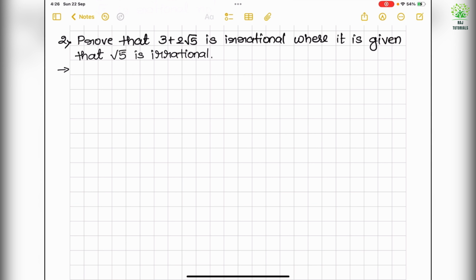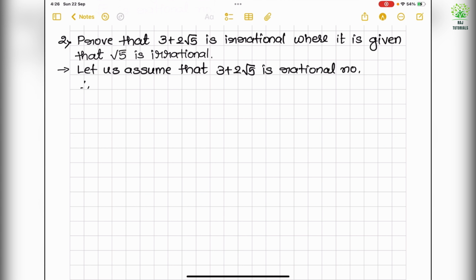Now, the second question says, prove that 3 plus 2 root 5 is irrational, where it is given that root 5 is irrational. So let us assume that 3 plus 2 root 5 is a rational number.